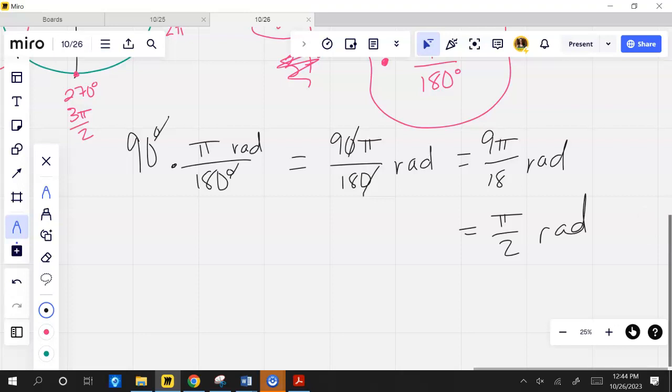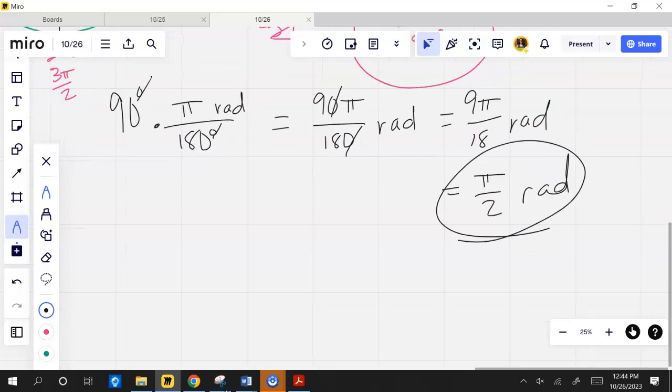Don't blurt this out whenever you get it. Give me a coterminal angle in radians to this value. Don't say it out loud.